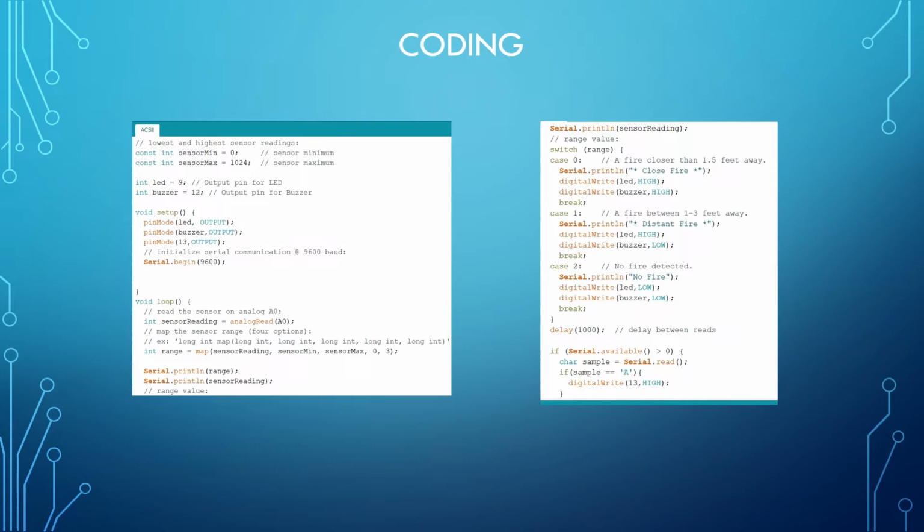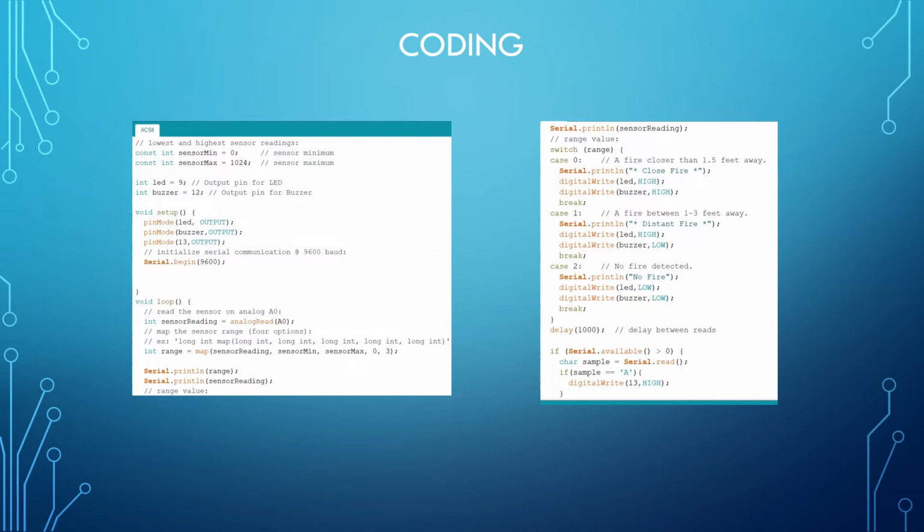For the flame sensor, as we can see from the circuit that I showed in the last slide, we connect it to pin A0 at the Arduino as analog input.